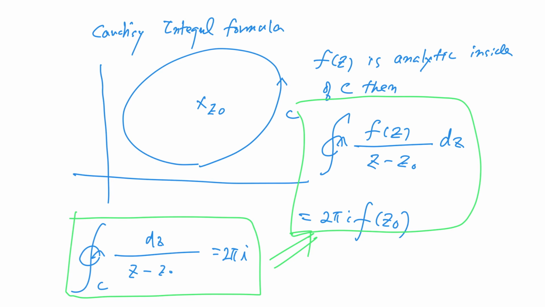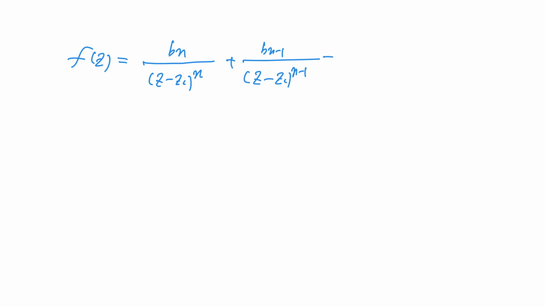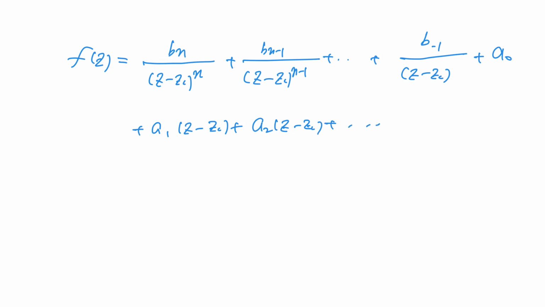And also we have covered that if we expand using this, if f(z) is expanded at c naught, a2 (z minus c naught) and so on.